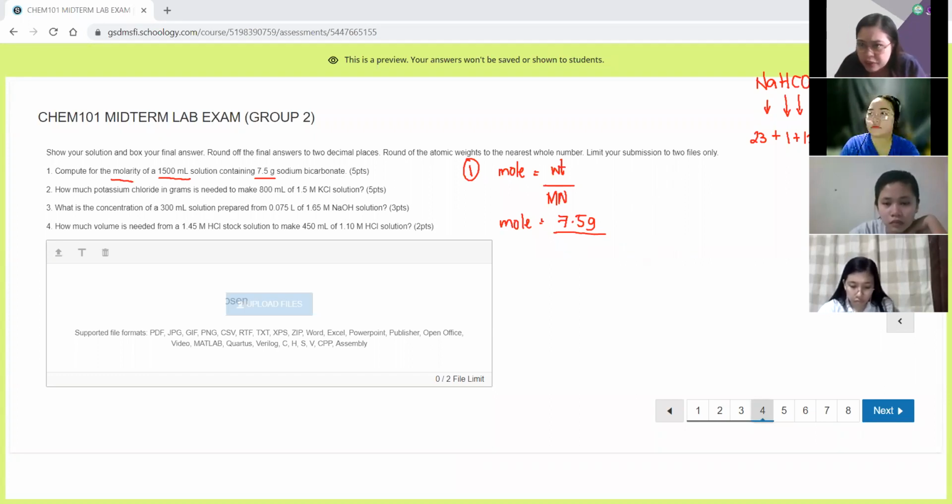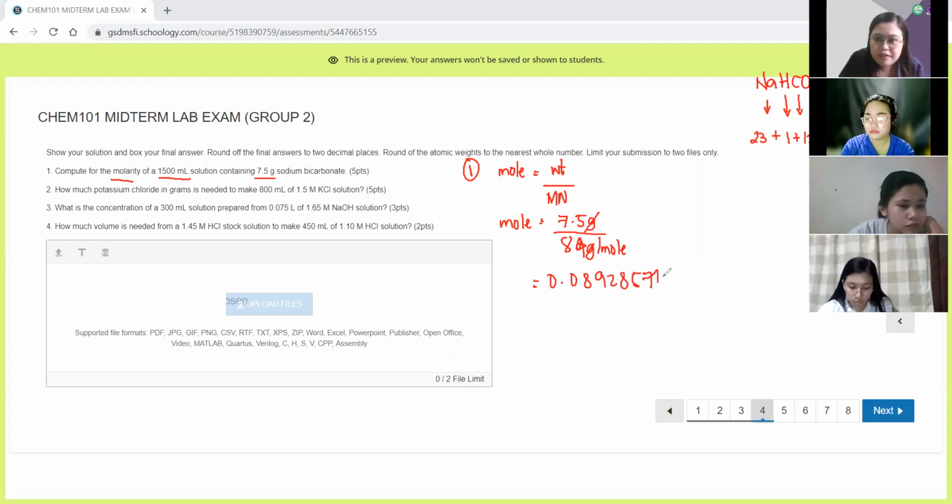Not 12, 16. Sorry. 16 times 3 is 48 plus 12 plus 1 plus 23 is 84. So this is 84 grams per mole. So 7.5 divided by 84 is 0.089285714 mole. Ito yung gagamitin natin in the computation of molarity.